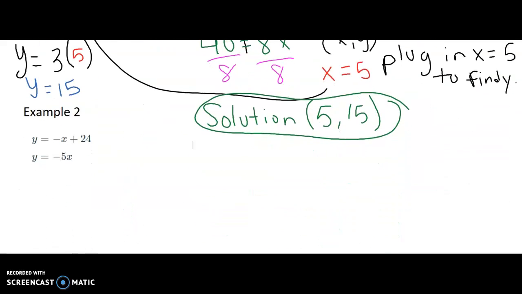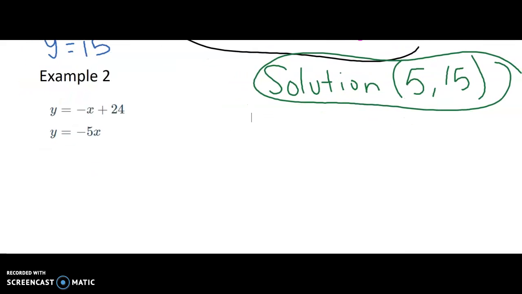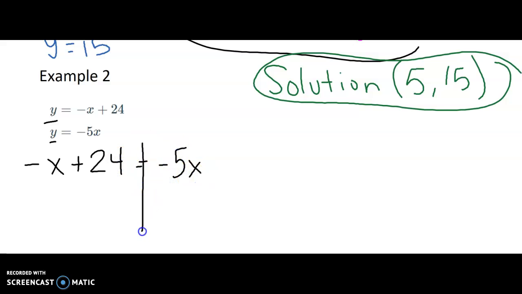As you can see, example number 2 also has y equals and y equals. If they both equal y, we can set them equal. So we got negative x plus 24 equals negative 5x, like that. And we're going to solve here. We need to combine our like terms. So I'm going to add my x.